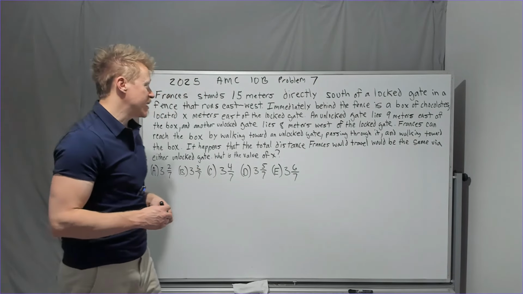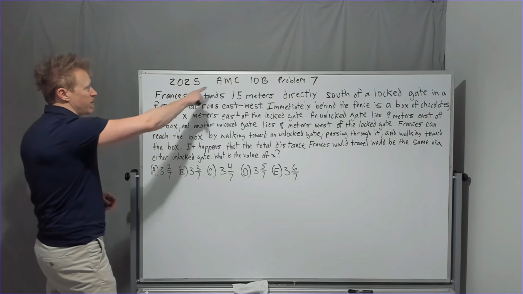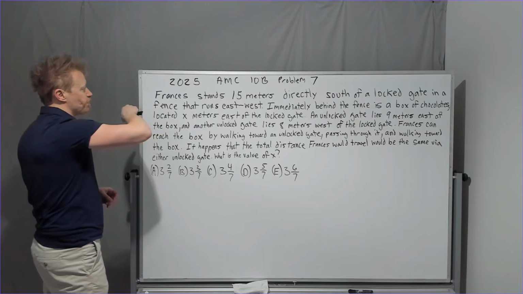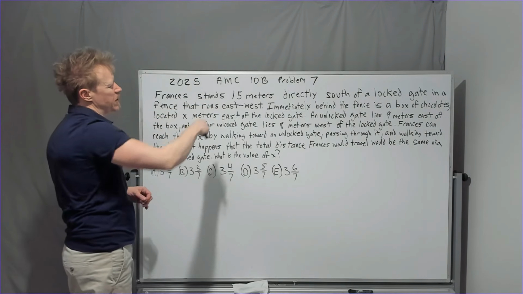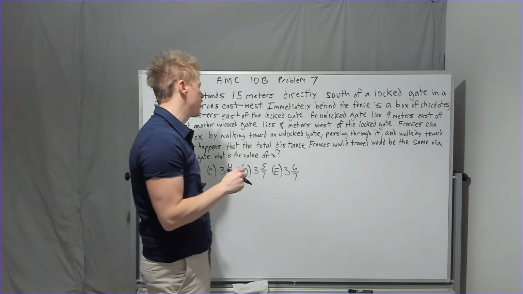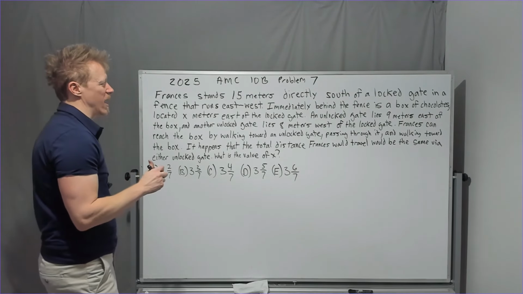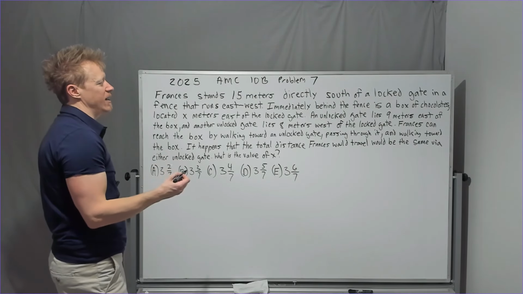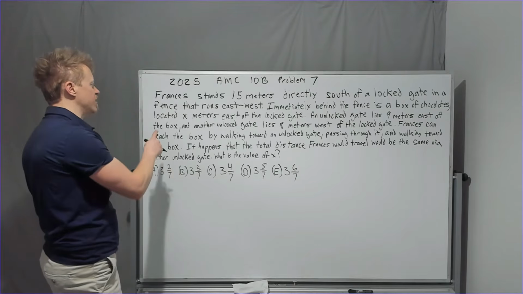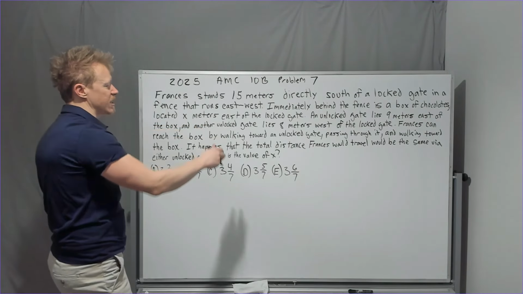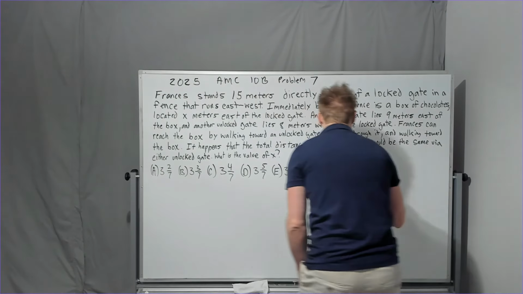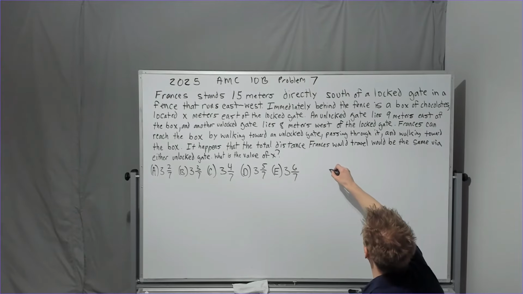Francis in problem 7. Let's do it. 2025 10B, problem 7. Francis stands 15 meters directly south of a locked gate in a fence that runs east-west. Immediately behind the fence is a box of chocolates located x meters east of the locked gate. Let's draw what we have so far.